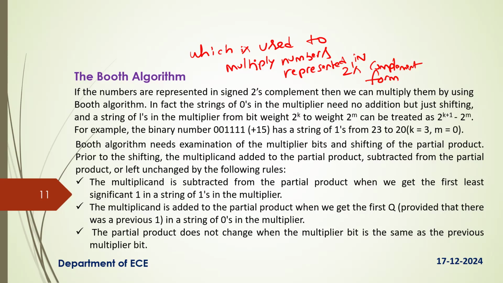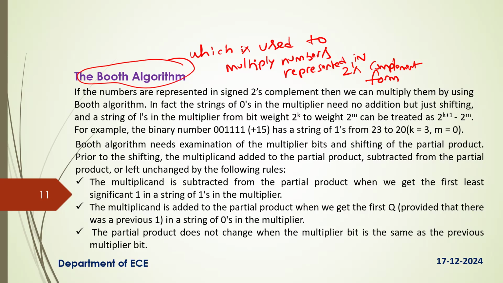So whenever you are going to multiply numbers which are represented in 2's complement form, this is the best algorithm.